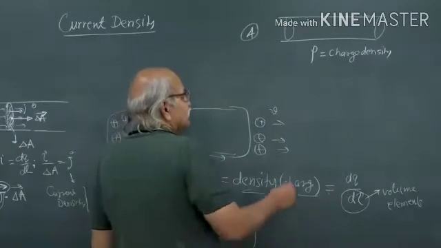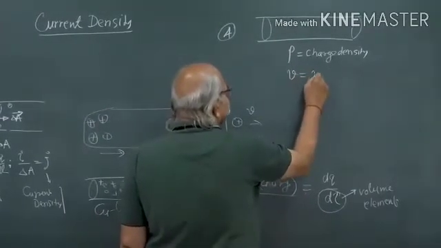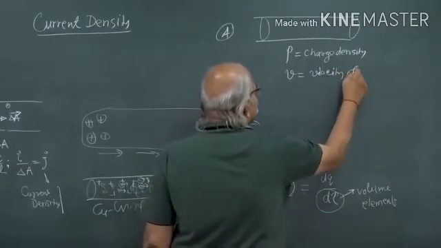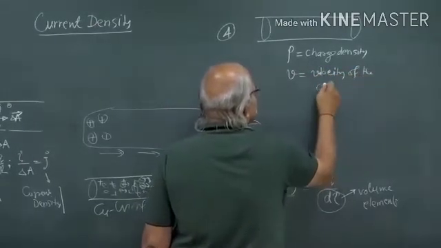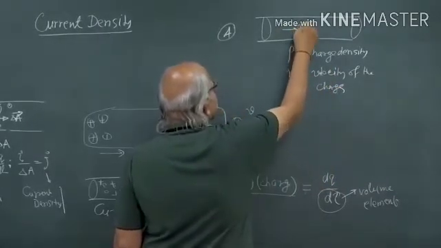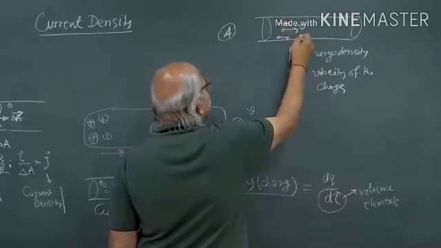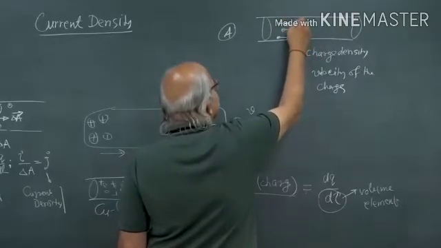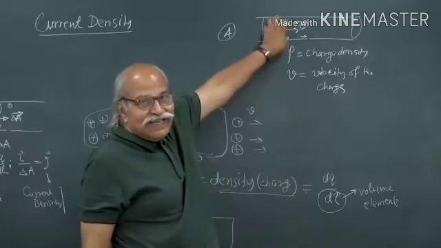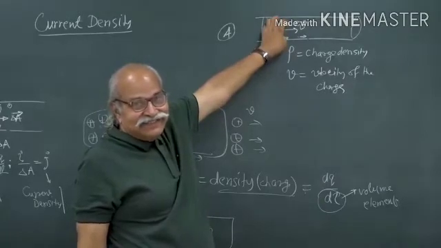So rho is the charge density, and this charge is moving with a velocity v. This is the velocity direction. All the charges are moving in this direction, and the total charge per unit volume is rho, and we are asking how much is the current or current density.